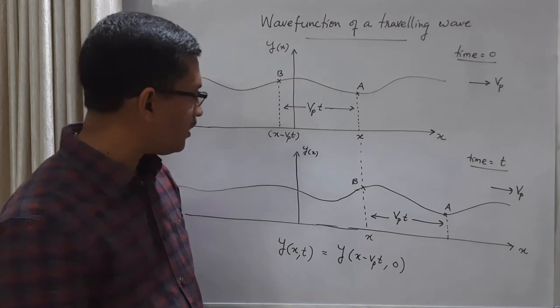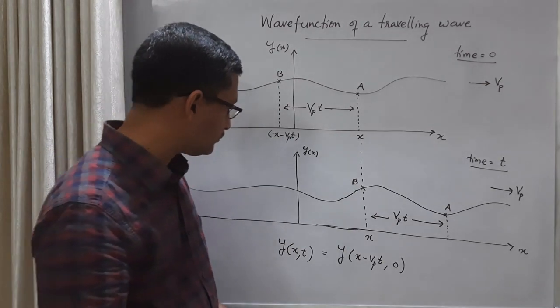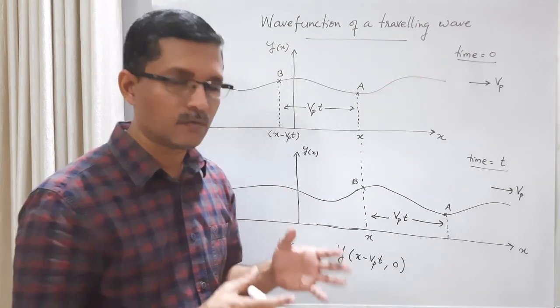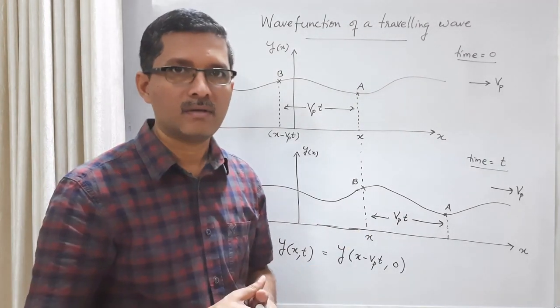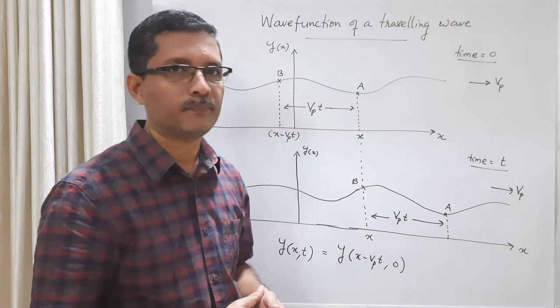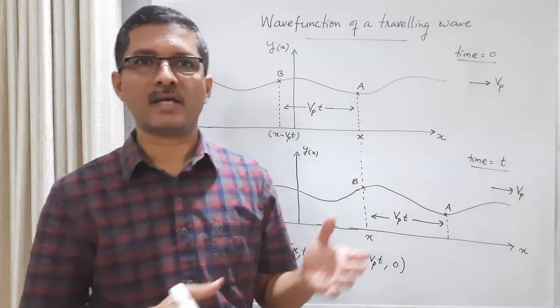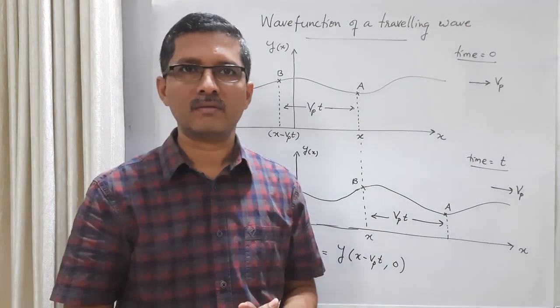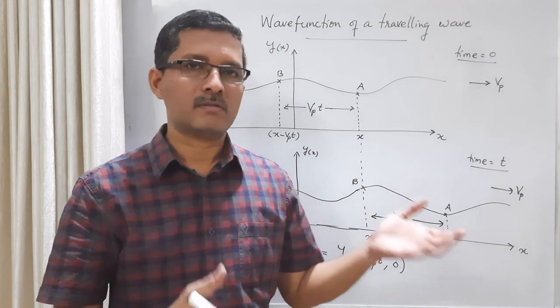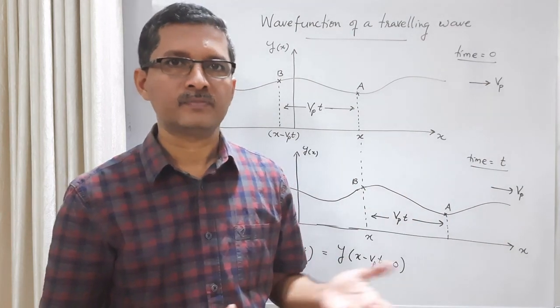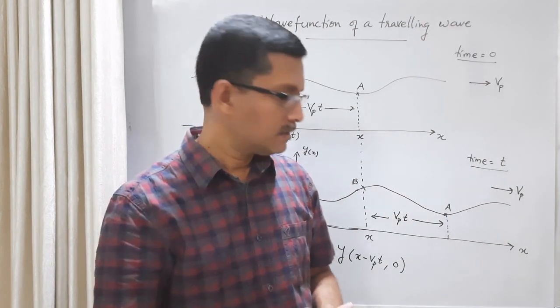So now we consider that this wave is a simple harmonic wave, just like the vibrations on a stretched string, a plane harmonic wave. A plane harmonic wave we can represent by a sine function or a cosine function. Let's choose a cosine function. We can also discuss with the sine function. So I am choosing a cosine function.